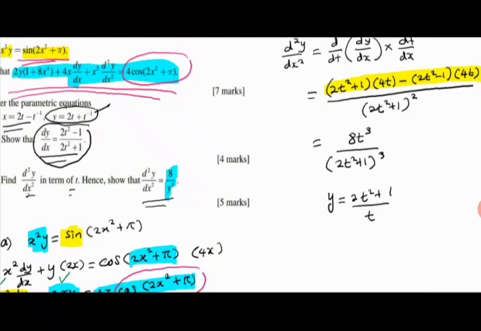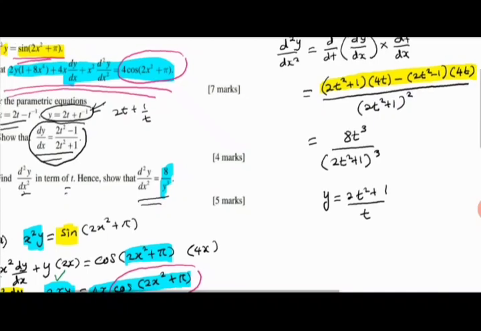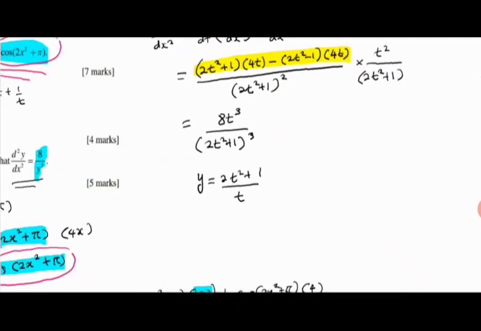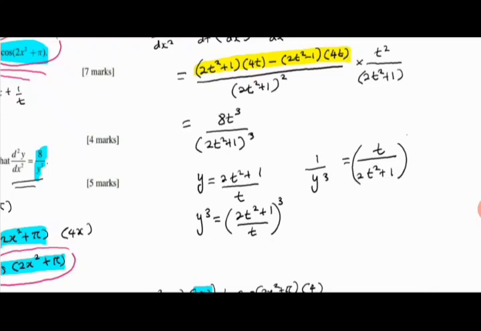So that means our y cubed is (2t squared plus 1) over t to the power of 3, and our 1 over y cubed is t over (2t squared plus 1) to the power of 3.